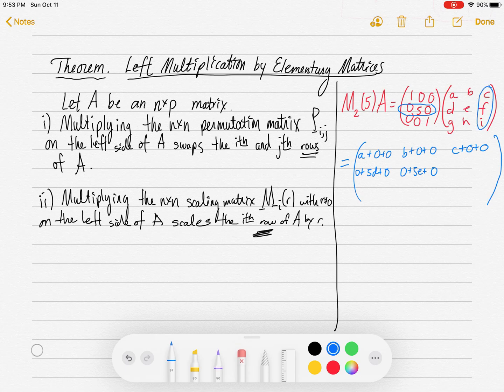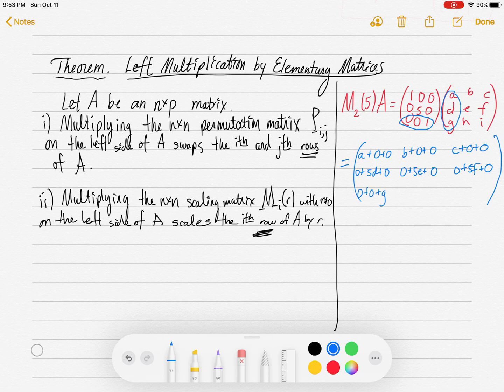We get 0 plus 5e plus 0 as a dot product. Now on the second row, on to the third column. We're going to get the dot product of 0 plus 5f plus 0. All right, second row done.